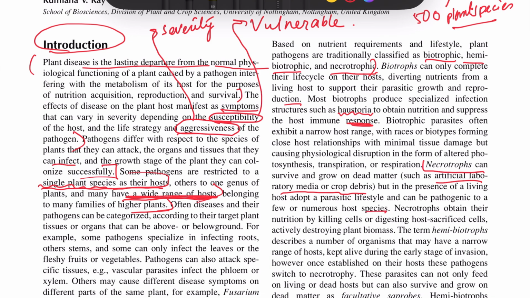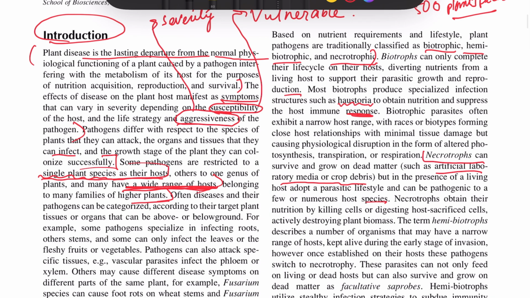Necrotrophs obtain their nutrition by killing or digesting host sacrificed cells, actively destroying plant biomass. So simply we can say biotrophs need a living thing for survival, whereas necrotrophs survive on dead matter.